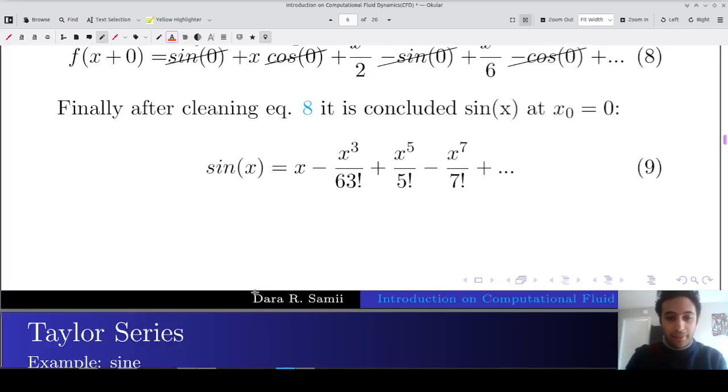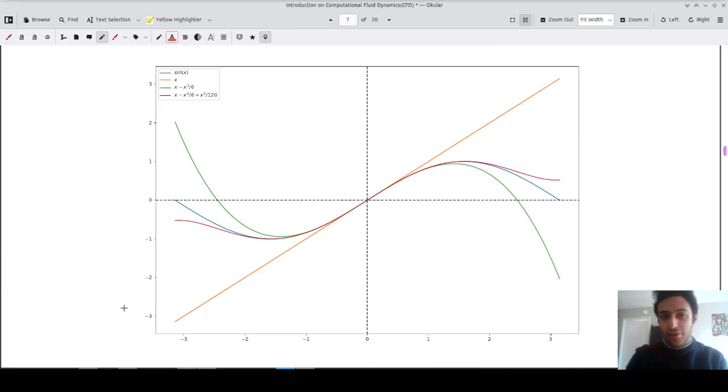If you plot them, you see something here. The blue line is the exact function, and the other colors are the degrees of approximation we would like to have.